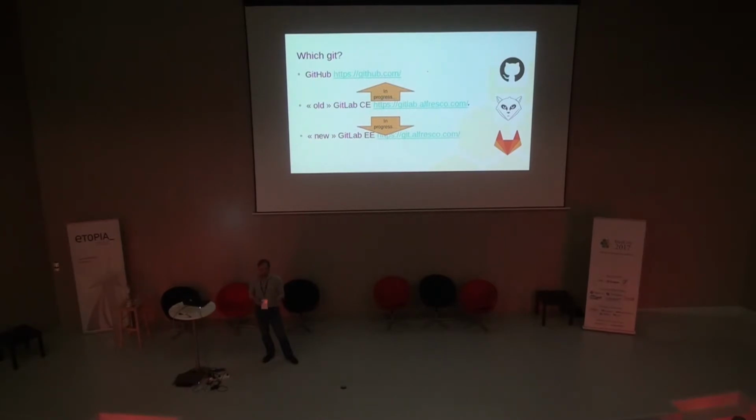And we had a look at Bitbucket as well, Atlassian Bitbucket. And we finally chose GitLab Enterprise. So the server is there, and there is currently a migration ongoing, another migration, not from Subversion to Git, but a migration from the old GitLab community into the internal GitLab Enterprise that we have.